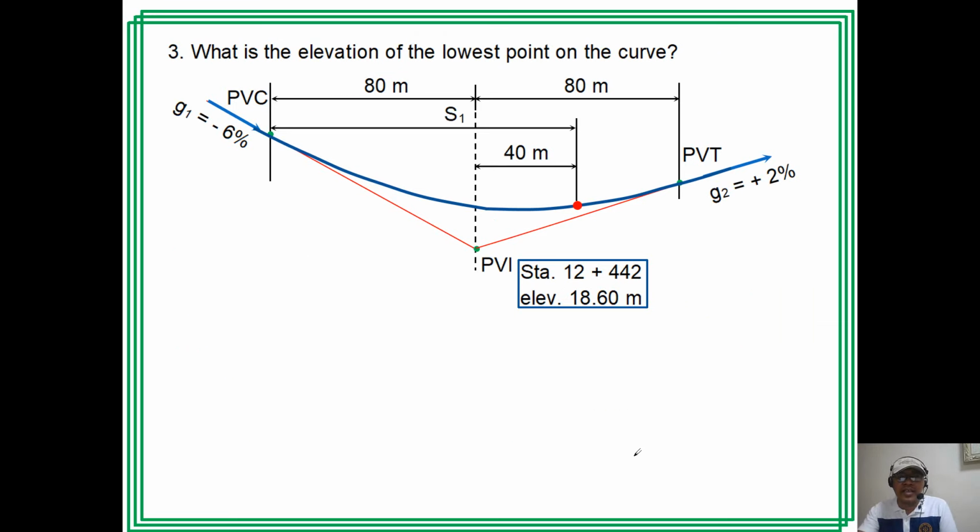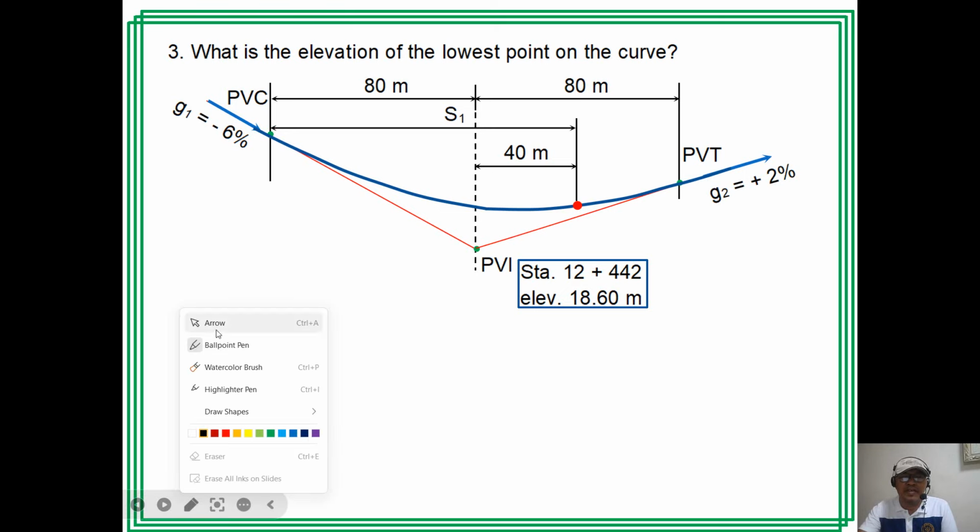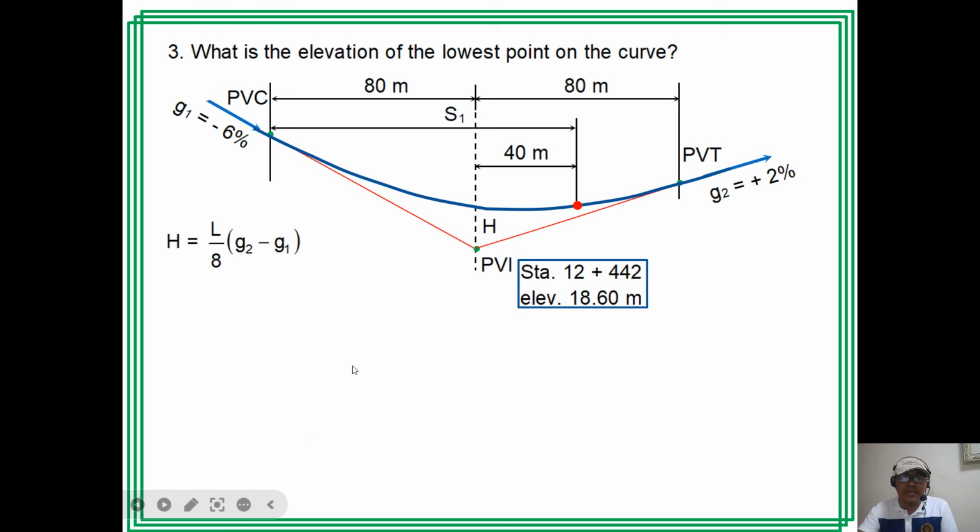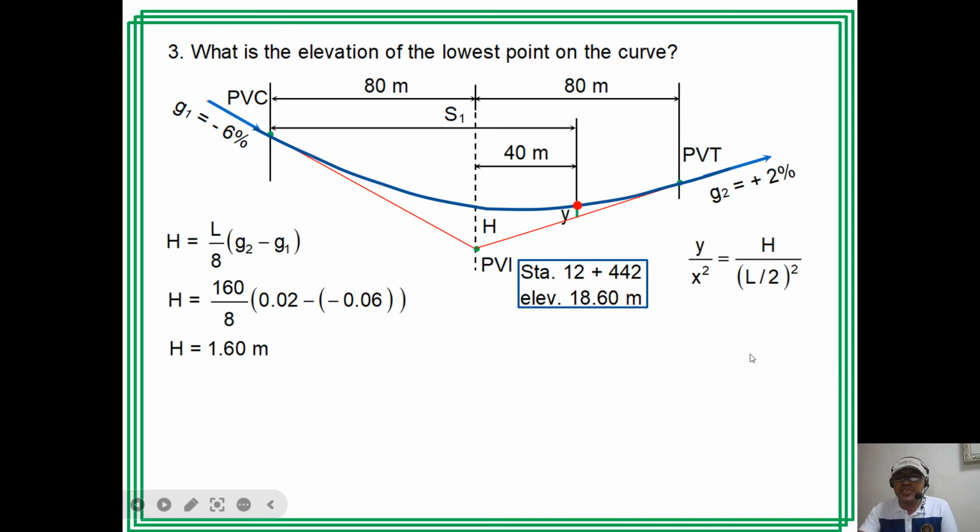Okay, the third question is the elevation of the lowest point on the curve. So same as what we did. We located it already. Then solve for h. We have these values already. Solve for the y here. And by proportion, y over x squared equal to h over L over 2. The x here is this distance.